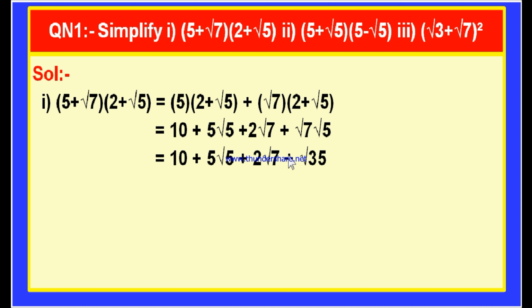Okay, this is the simplified value. Understood? 10 + 5√5 + 2√7 + √35.